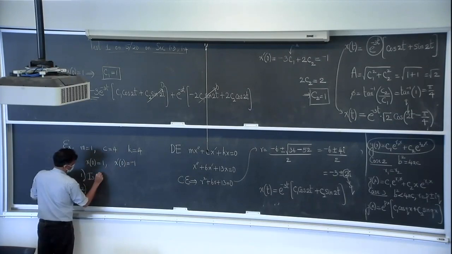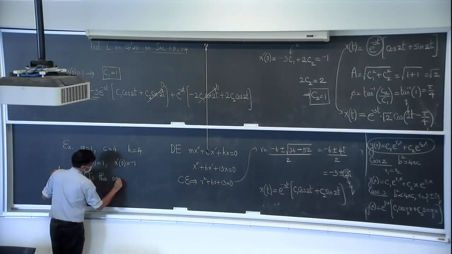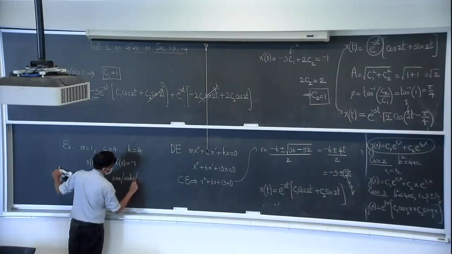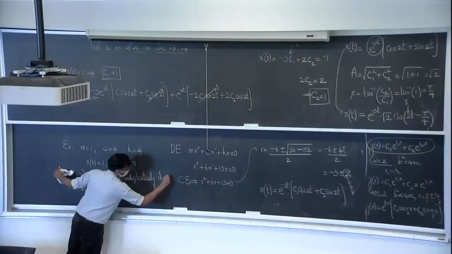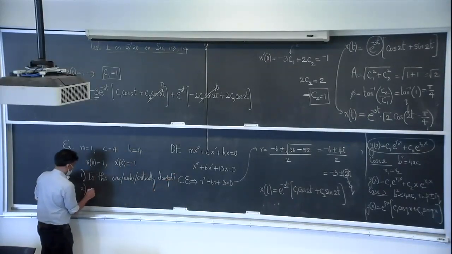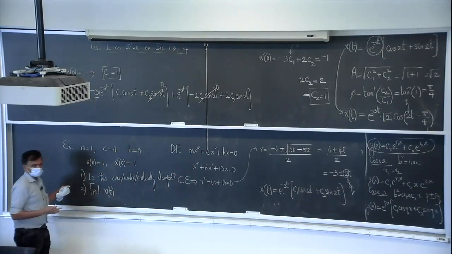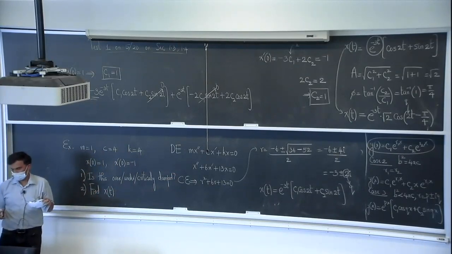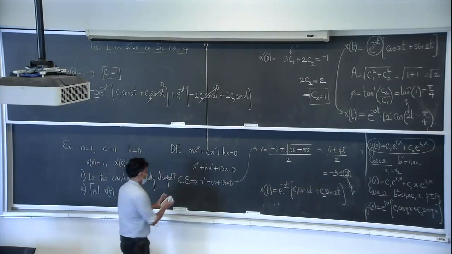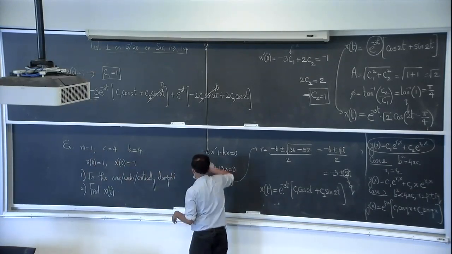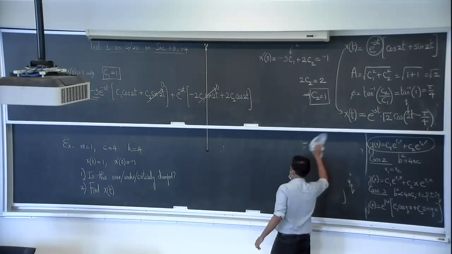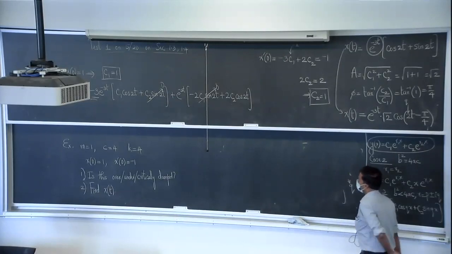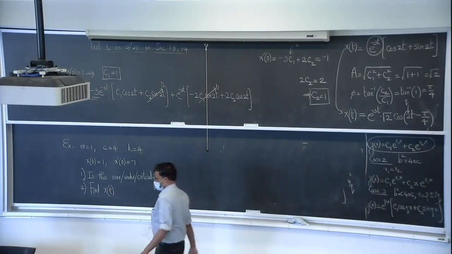Is the system over, under, or critically damped? And find the displacement x of t. Okay. For some reason, I'm not going to ask you to write this in amplitude phase form. I don't know why. Maybe I'm in a nice mood. Can you quickly do that? And that will be it for today. So tomorrow we'll start non-homogeneous equations.